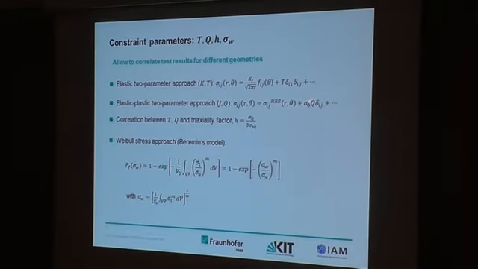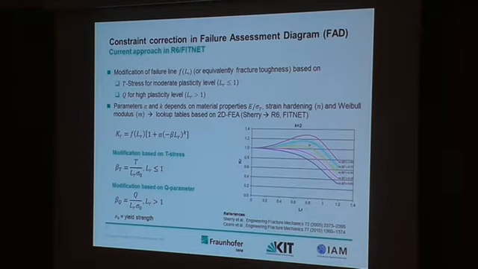You can use the T-stress, the Q parameter. You can use the already known triaxiality factor, or a more general approach based on the Weibull stress. And this approach has then been used by scientists to derive engineering methods. And these methods I would like to present on the next two slides.